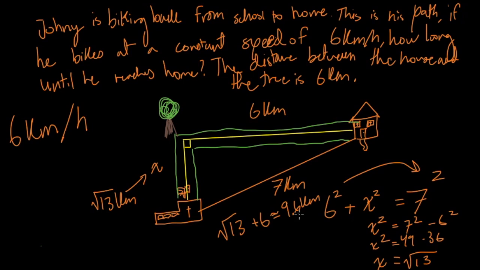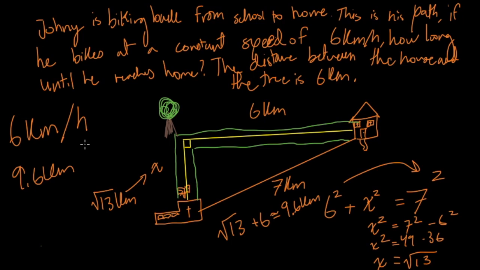So if he travels 9.6 kilometers at a speed of 6 kilometers per hour, how long is he going to take? All right. So what we have to do here is divide 6 by 9.6. So 6 divided by 9.6 gives us, oh wait a minute, no. Let me show you exactly what I mean by this. We have 6 kilometers per hour, and we have 9.6 kilometers.